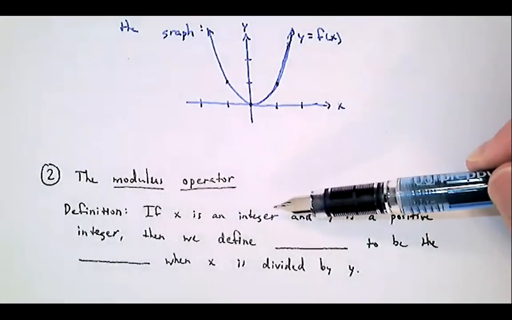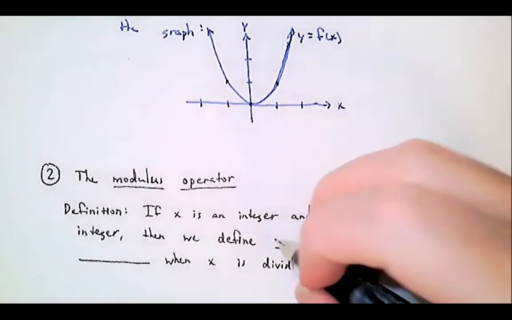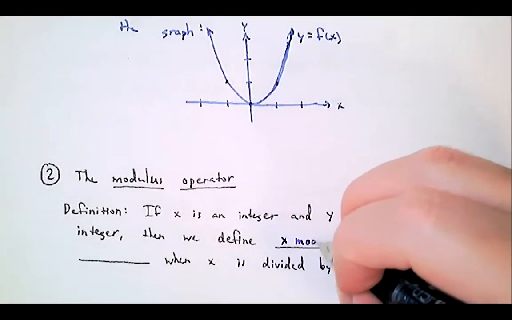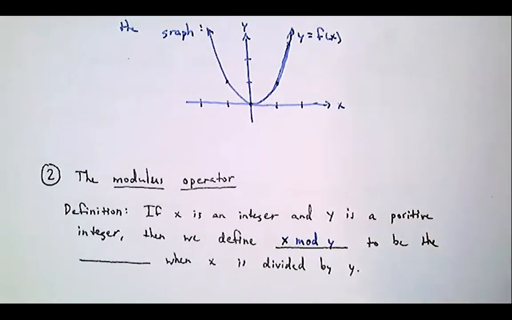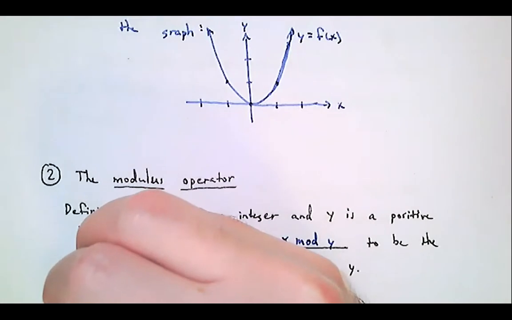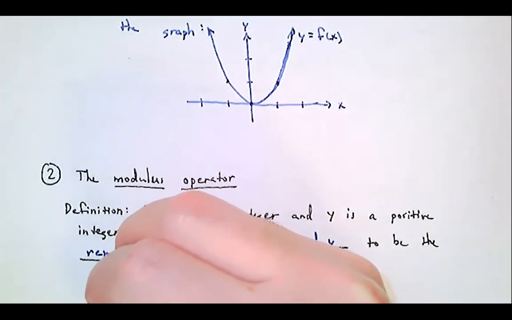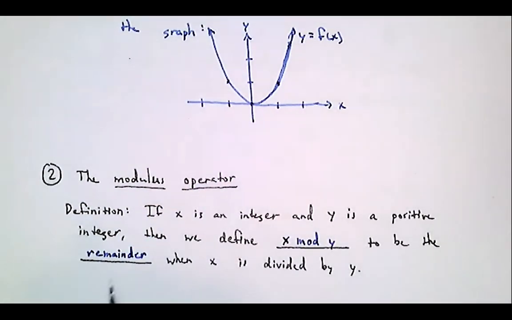If x is an integer and y is a positive integer, then we define x mod y, or x modulo y, to be the remainder when x is divided by y. So this is closely related to something that you learned in elementary school, just remainders when you're dividing whole numbers.